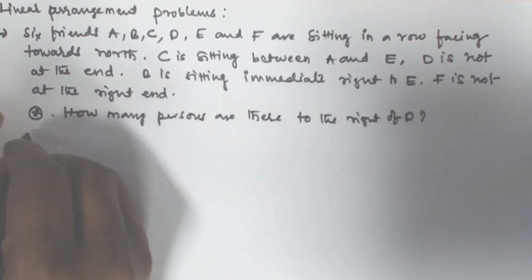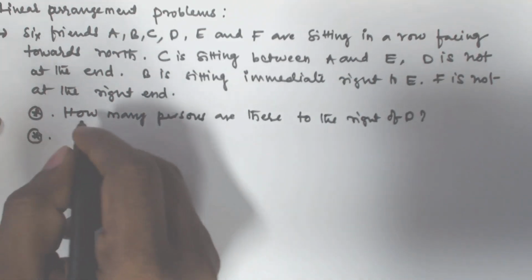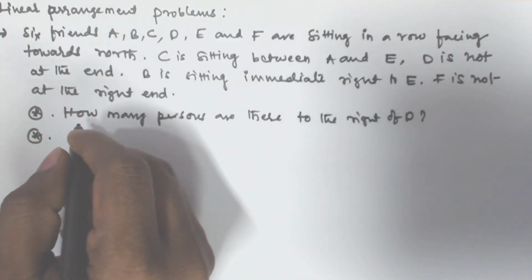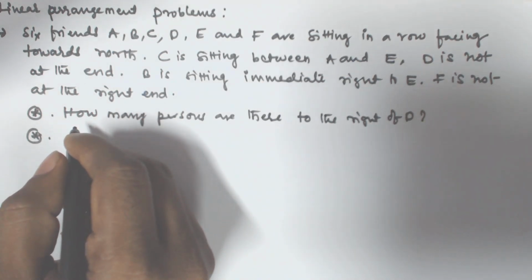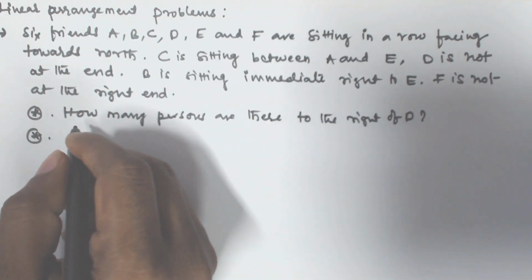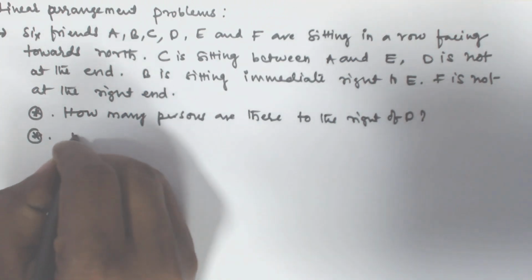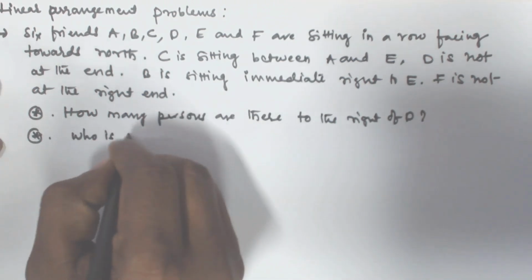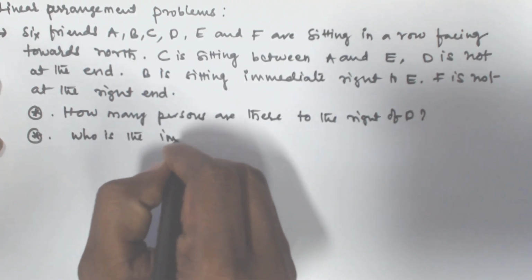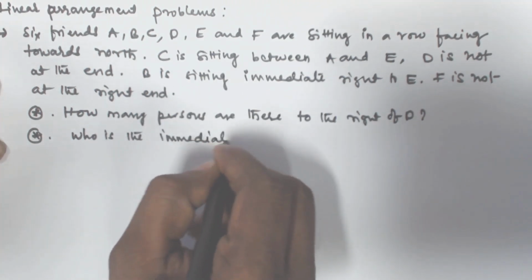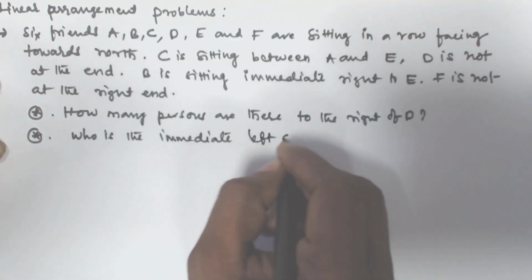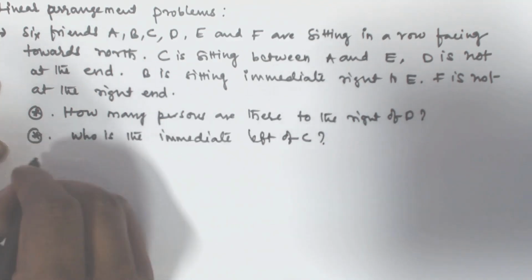And the second question is: who is the immediate left of C?